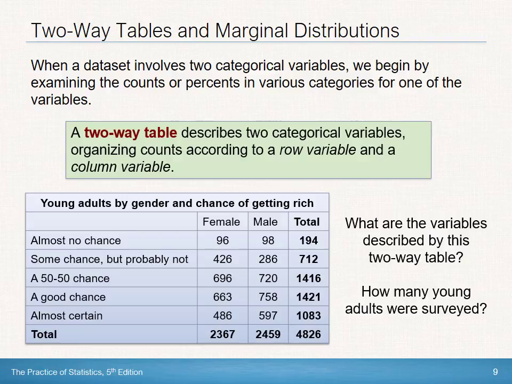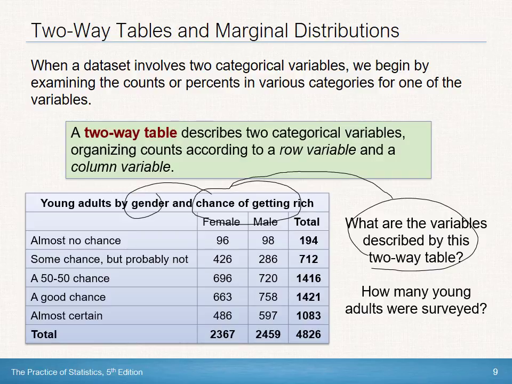So the two variables described by this two-way table, this question here, your answer is chances of getting rich and gender. Make sure you write those down as the answers. How many young adults were surveyed? So how many people were surveyed total is what they're asking here.